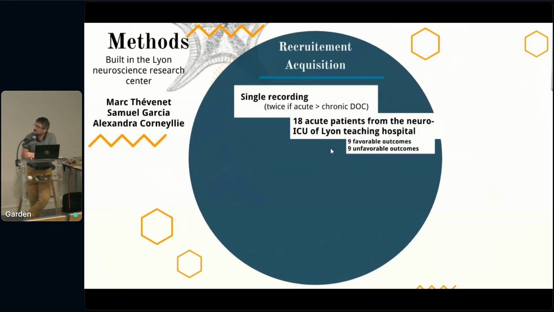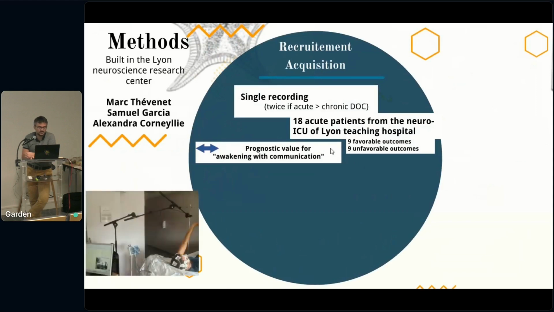We usually had single recordings for each patient, except for 2 patients evolving from the acute to the chronic disorder of consciousness. We had 18 acute patients from 2 ICUs in Lyon with a fairly balanced outcome. And the favorable outcome was defined by the ability of the patient to be both awake and aware, with communication, during 2 years of follow-up.